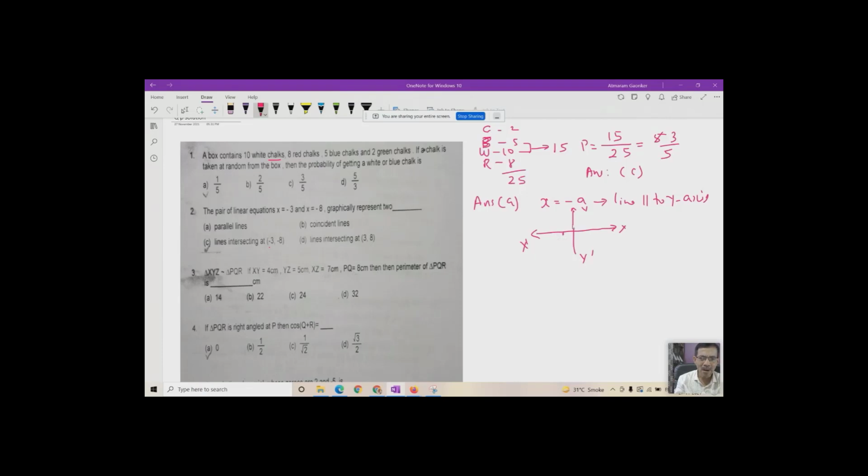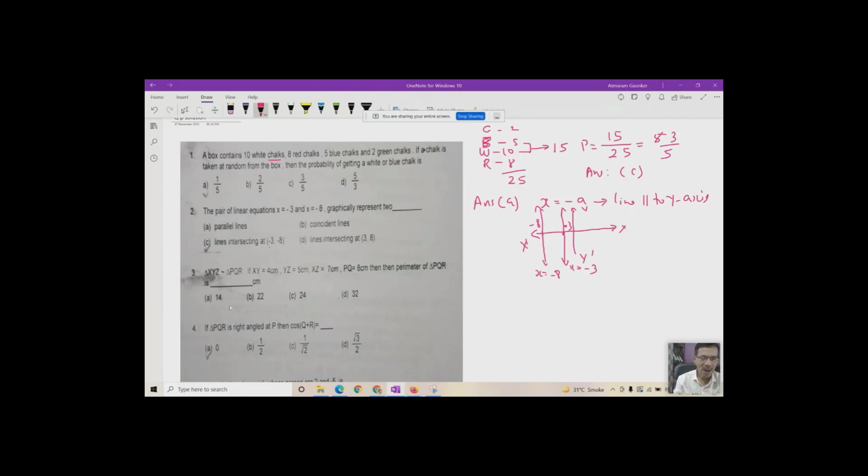If I point this as minus 3 on the x-axis and this as minus 8, then at minus 3 you can draw a line, and you can draw a parallel line to the y-axis passing through minus 8. This line is x is equal to minus 8 and this line is x is equal to minus 3. Graphically they are parallel to each other. So A is the correct option.